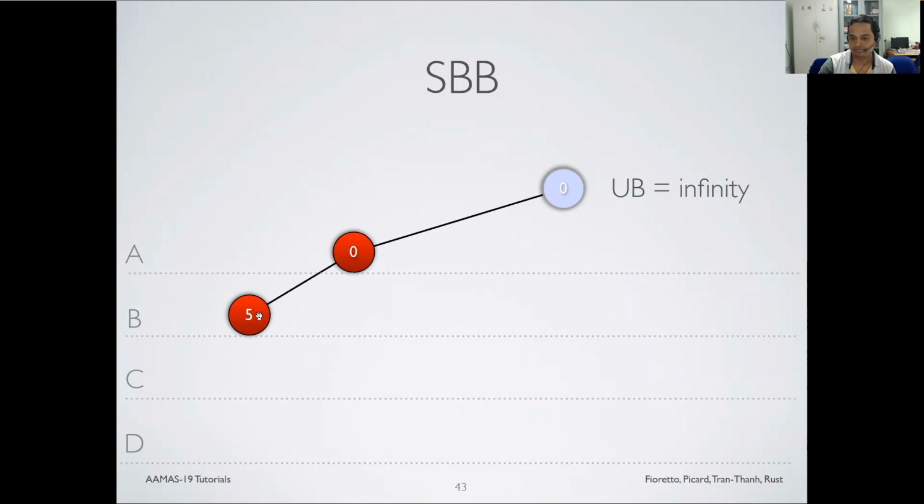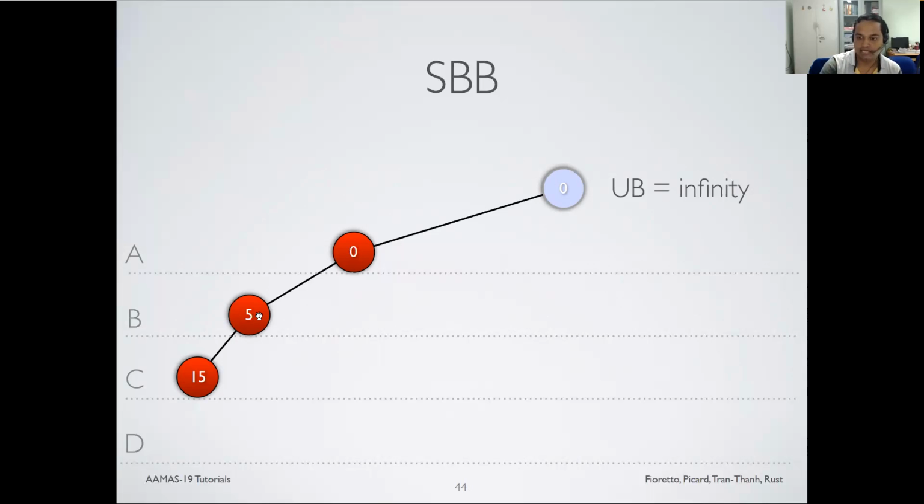After choosing B as red, C can choose either red or green. If C chooses red, what will be the total cost?